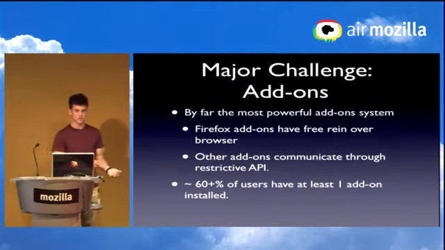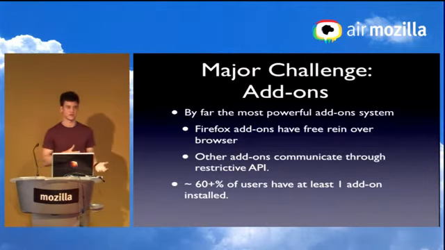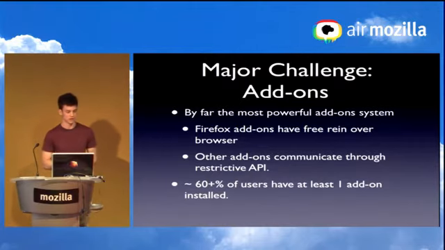Another interesting statistic, and this is really rough, but somewhere around 60% of users have at least one add-on. So even if we can't find a perfect solution for add-ons, we could ship a sandboxed Firefox to users without add-ons to at least secure that user base. And it would be a significant percentage.